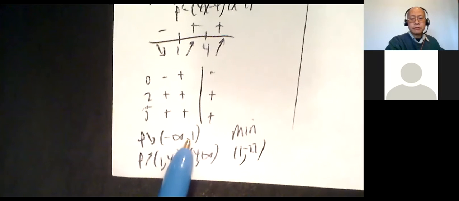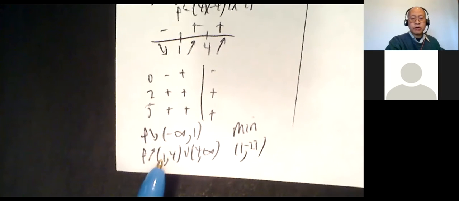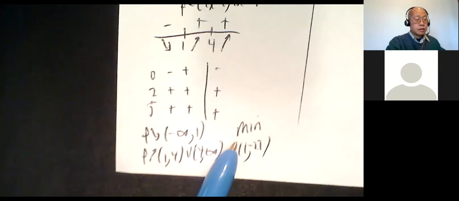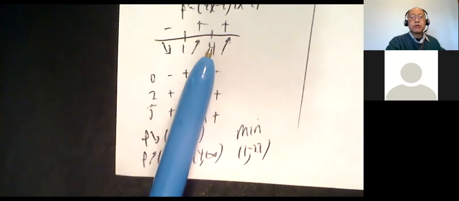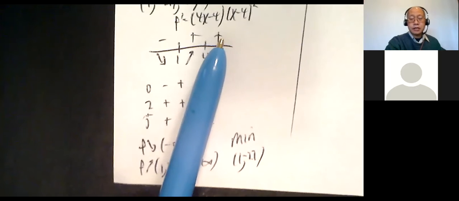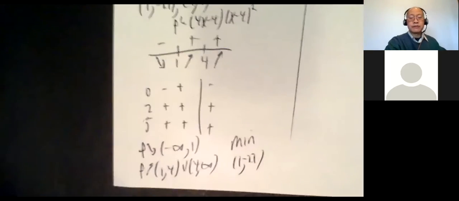So the function is decreasing from negative infinity to 1, increasing from 1 to 4, union 4 to infinity. All right, so that makes this point a minimum point. Minimum at (1, negative 27). I have neither a max nor min at x equals 4 because the function goes from increasing and then still increasing. Okay, so that doesn't qualify as a max or a min. So I just have one minimum, (1, negative 27).